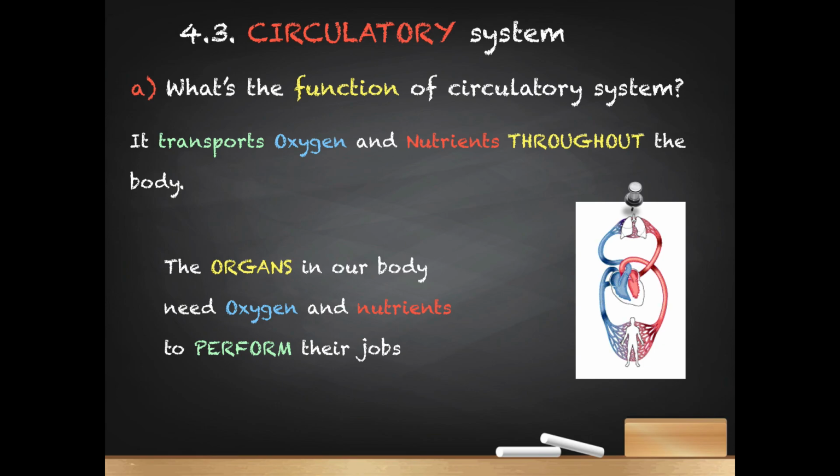So that's why we need it. For example, cars need gasoline, and our organs need oxygen and nutrients. And who transports oxygen and nutrients? The circulatory system. Okay? Now let's continue with the next part of the class.